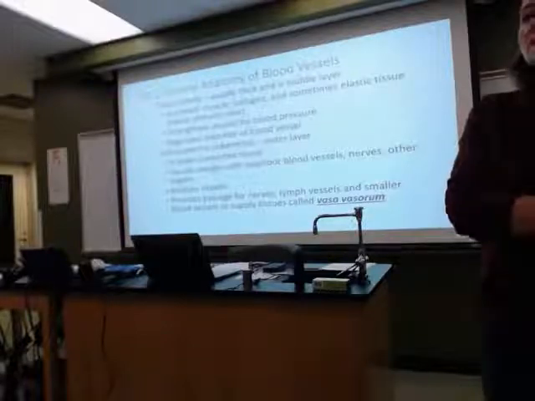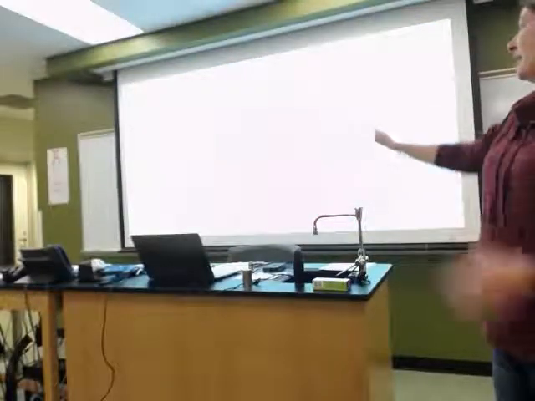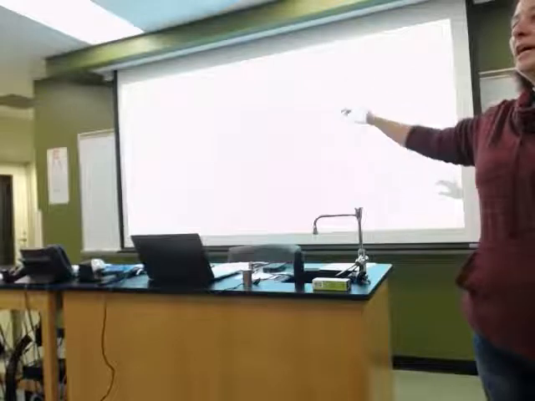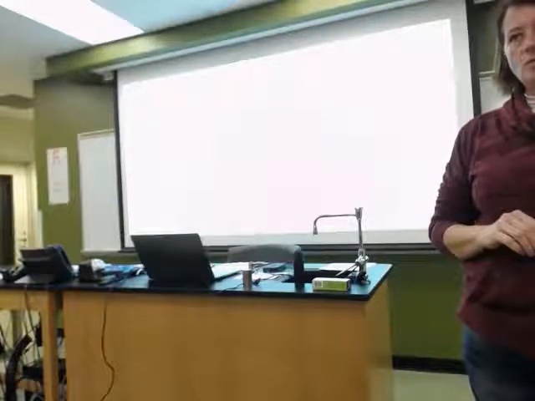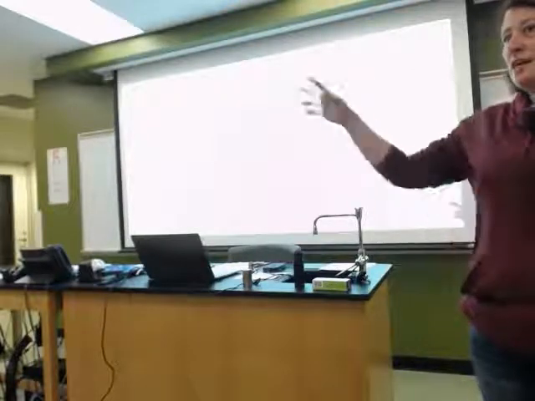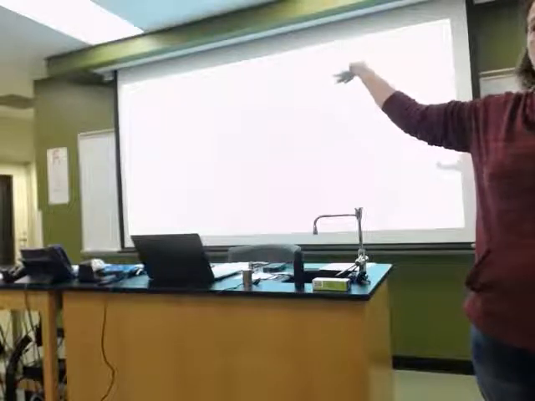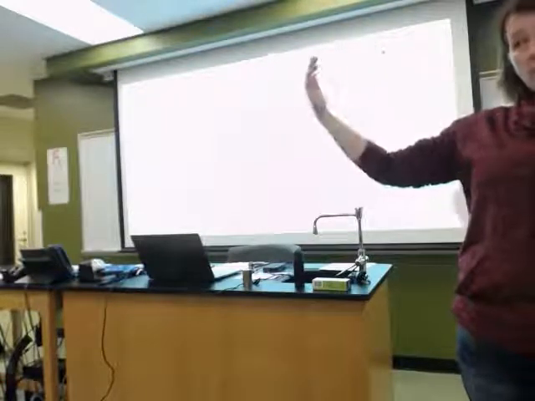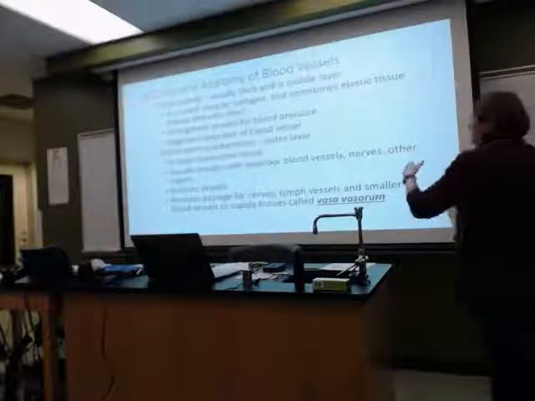Now, what it's doing, it helps to anchor our vessels. You would think that with all the tissues we have, that wouldn't necessarily be a problem, okay? But it can be. So the structure to the outside is going to help to anchor the vessel.